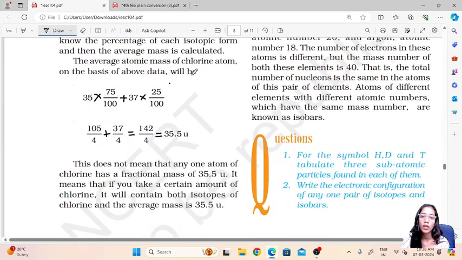The average atomic mass of a chlorine atom is found this way. You take the percentage: the ratio 3:1 means 75% plus 25%.